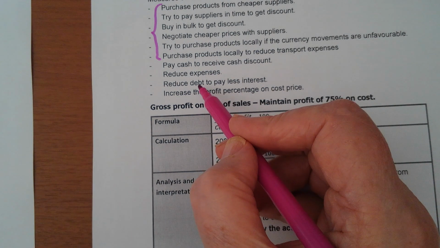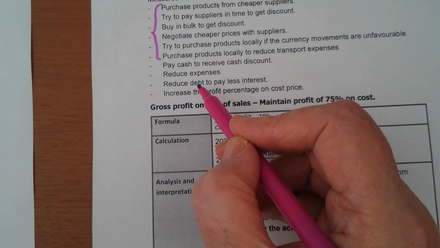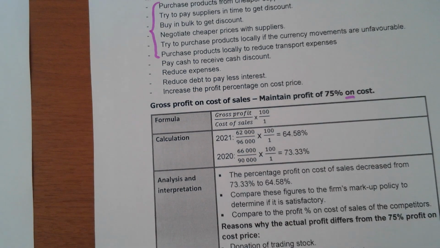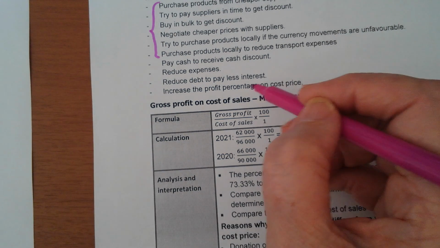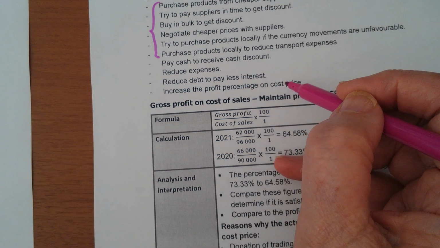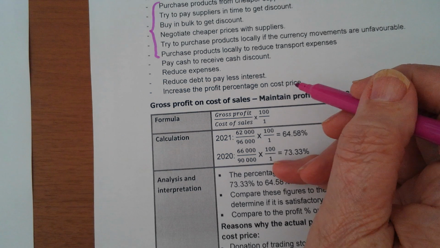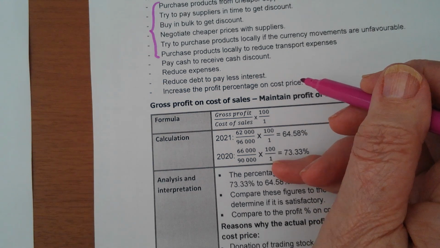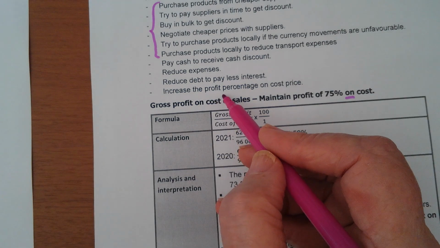Reduce your outstanding debt so that you don't pay interest to creditors or interest on a loan. And when you're sure that that increase that you add to the cost price is not going to have an effect on your customers, that they leave you and buy from another shop, then you can also increase your profits.